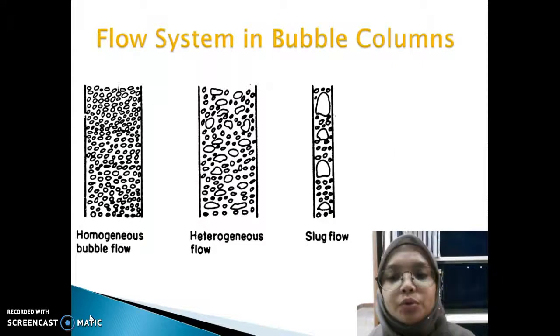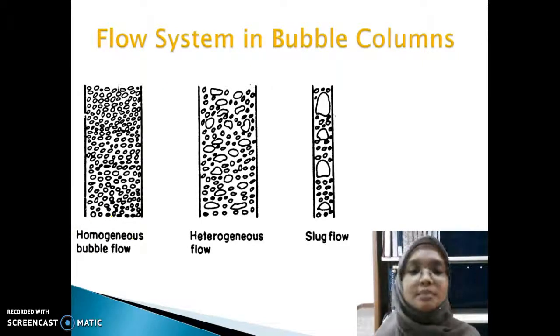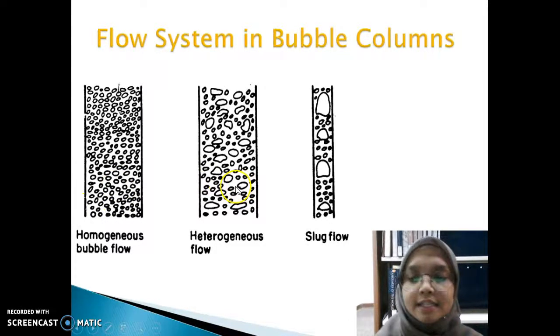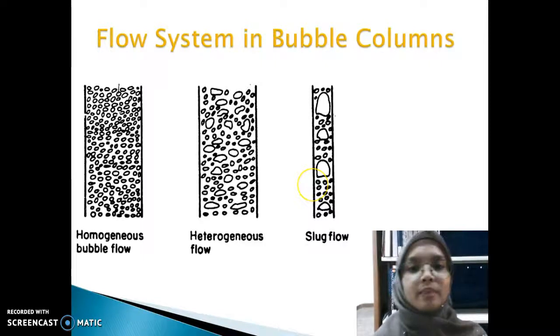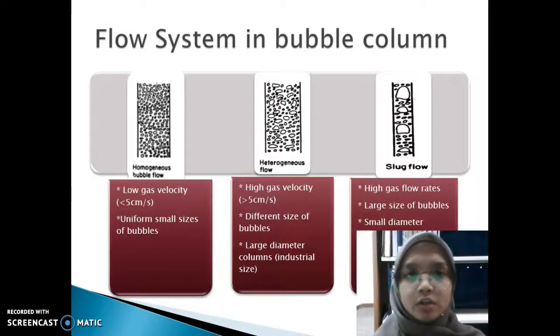Next, I will show you the flow system in bubble columns. The flow in bubble columns is divided into three types: homogeneous bubble flow, heterogeneous flow, and slug flow. The three types of flow are influenced by many factors. The first factor is the gas velocity.